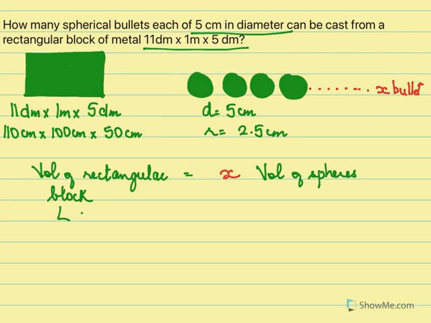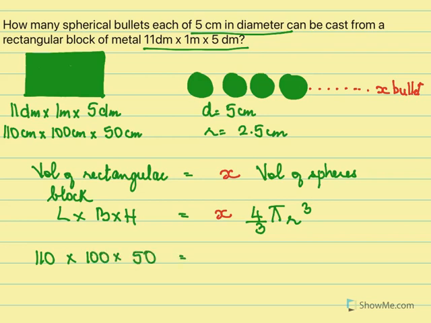A rectangular block, length into breadth into height, is equal to x bullets, x spheres. Each sphere is 4 by 3 pi r cube. So the length we know is 110, the breadth 100, the height 50, equal to x, 4 by 3 pi, 22 by 7. Here r is 2.5 the whole cube.